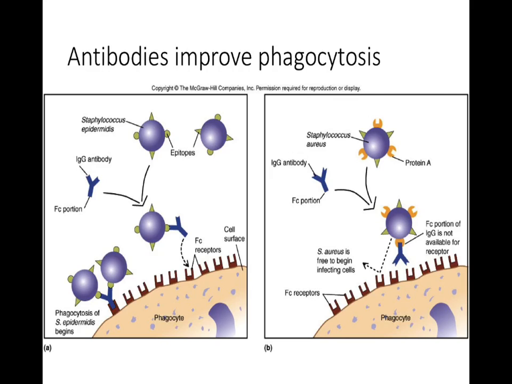Sometimes the term that gets used is neutralize, because there are antibodies that will bind to toxins and neutralize those toxins, preventing them from binding to host cells and causing some sort of functional change. And the third thing is that antibodies improve the innate immune system.